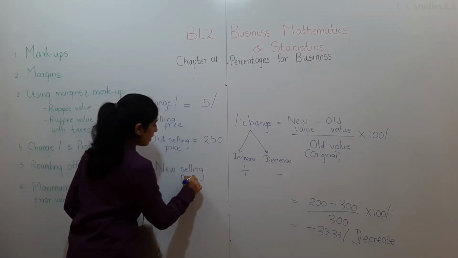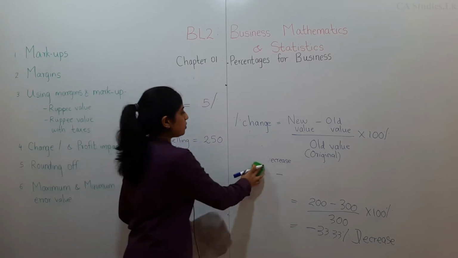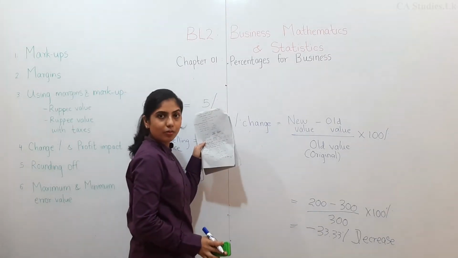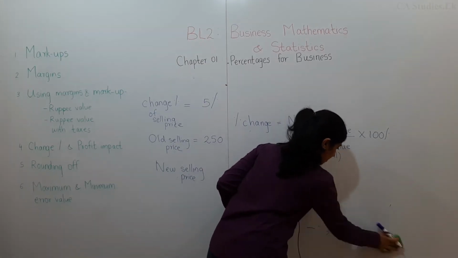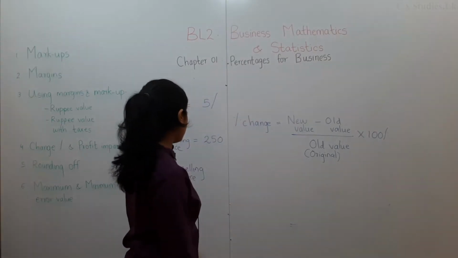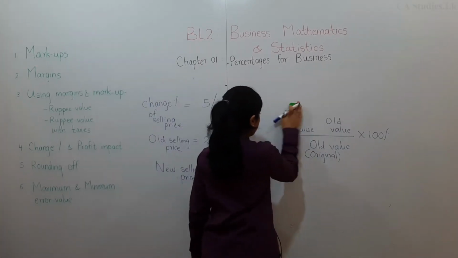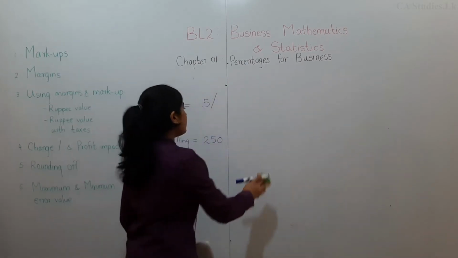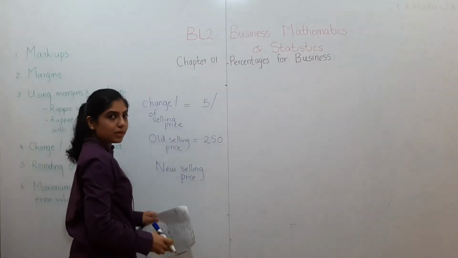For that we don't have to use the change percentage formula, because they already gave us the percentage. So what we have to do is use that percentage to find the value. So this is not relevant, let me take it off. Now we know the change percentage, and you have to find your new selling price.